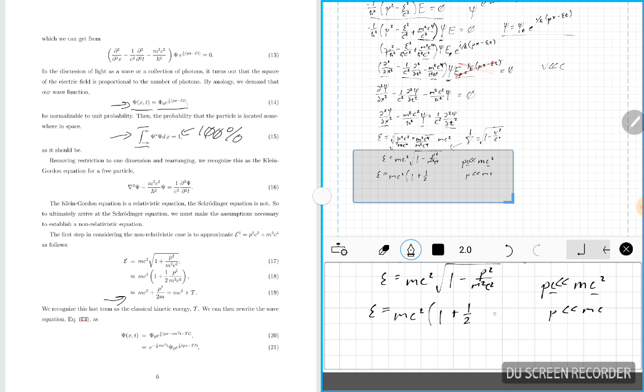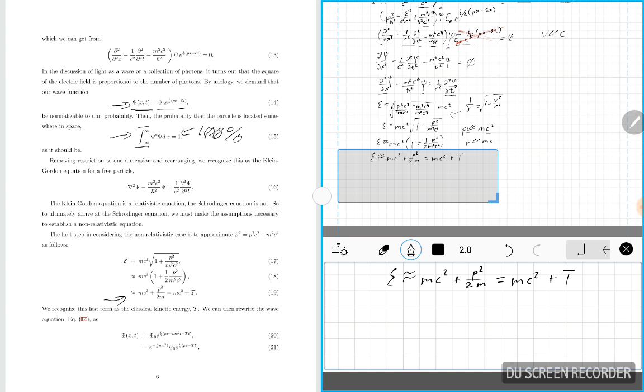Pull this guy outside of the square root, and say that's going to be roughly equal to mc squared plus p squared over 2m, which is roughly mc squared plus the kinetic energy T.